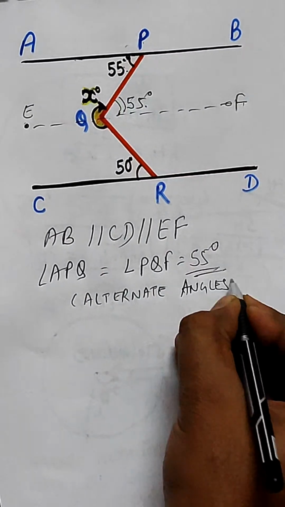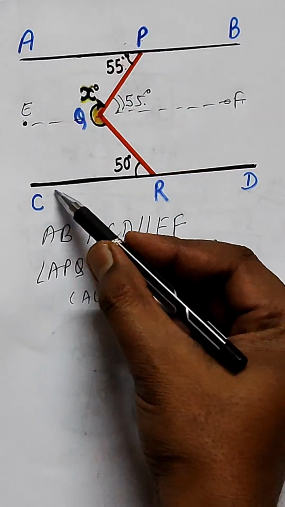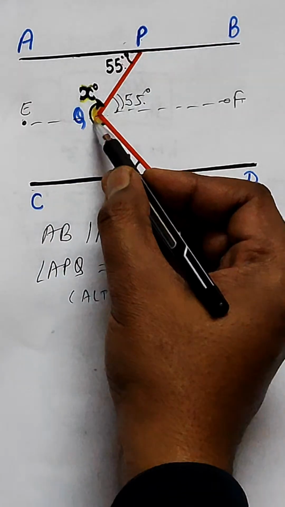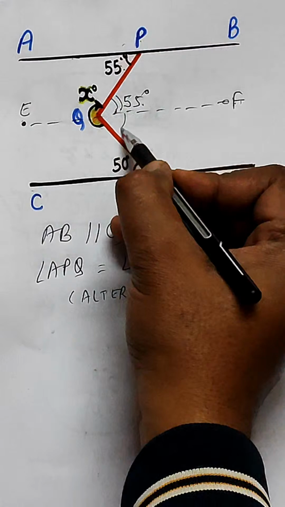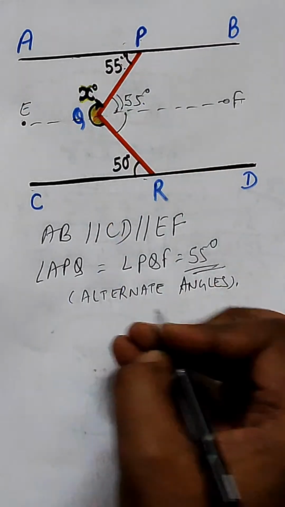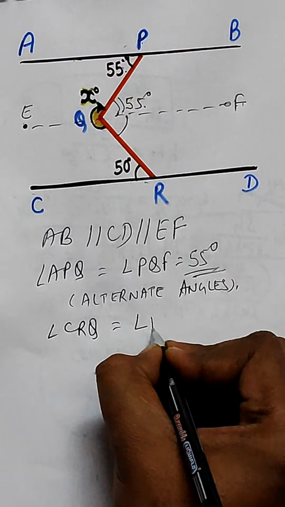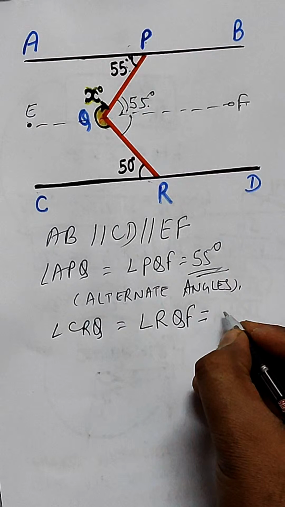Similarly, using the same concept, if CD is parallel to EF, then angle CRQ is equal to angle RQF. What is the value of that angle?